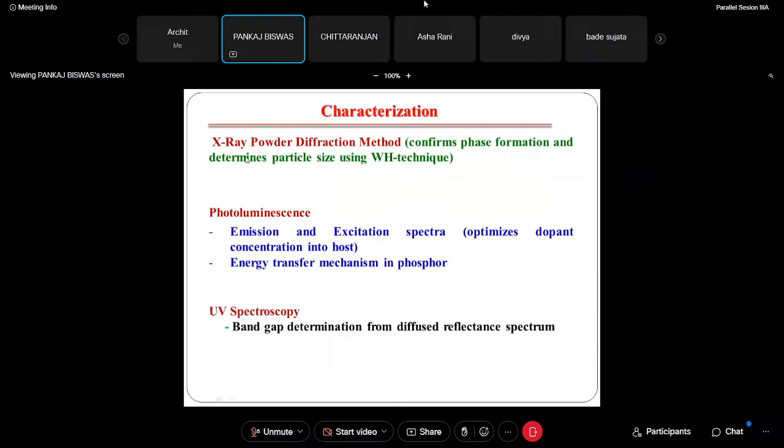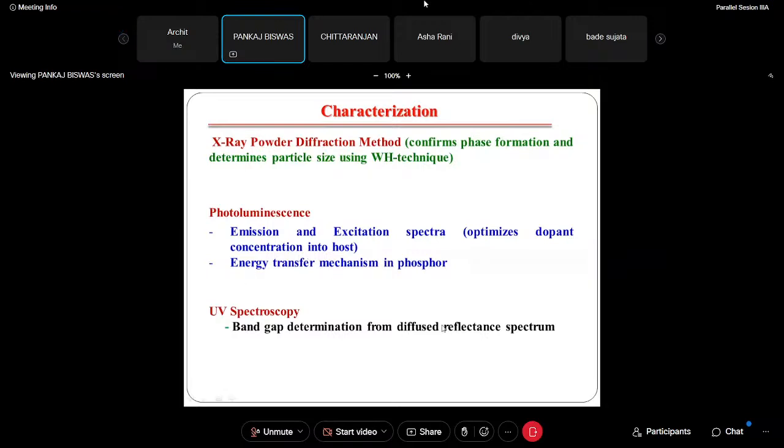The characterization techniques used were X-ray powder diffraction, which confirms the phase formation and determines the particle size using the Williamson Hall technique. We also used the photoluminescence technique, where emission and excitation spectra were recorded, which optimizes the dopant concentration in the host. The dopant here is samarium, and the host is KSRBO4.